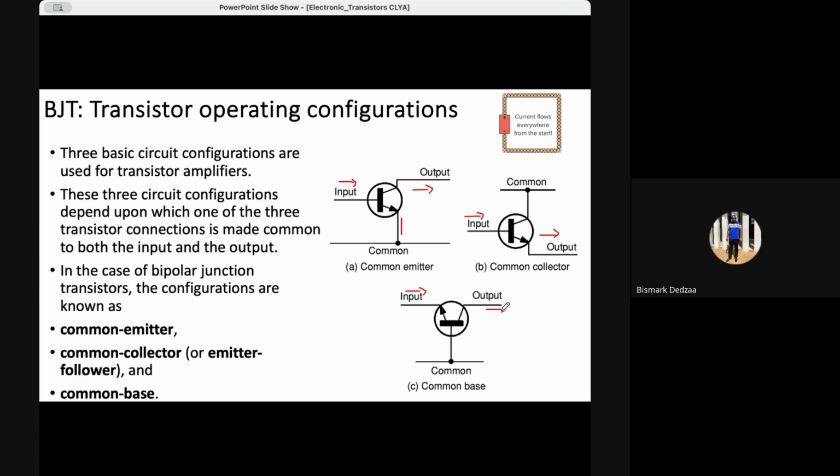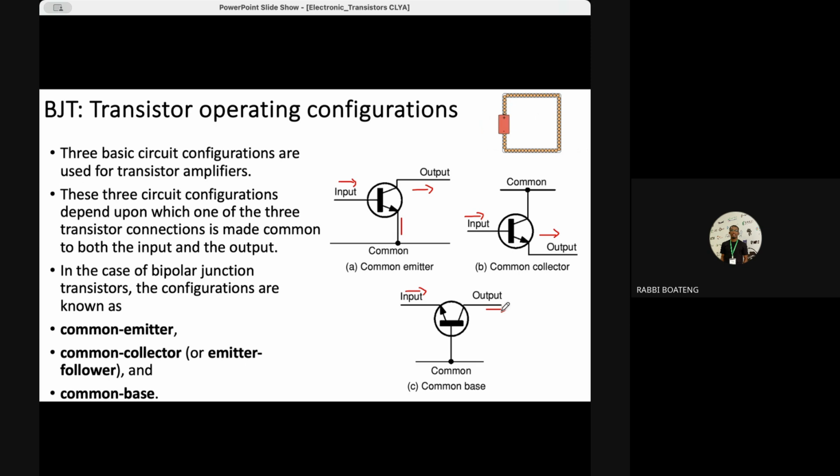The neutral is a little bit like the earth of it. So we have three terminals. Whatever the case, if you want to apply them, one section has to be the neutral, one section is supposed to be the input, and one section is supposed to be the output before the configuration works.